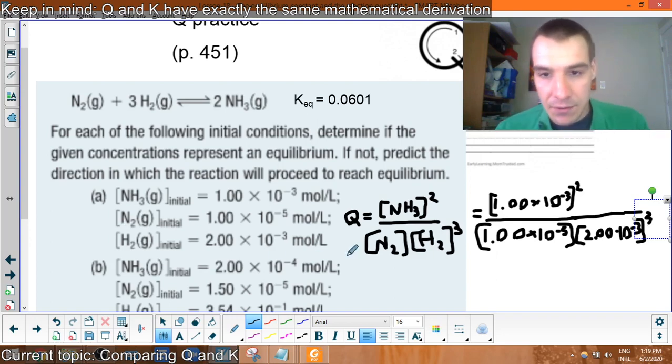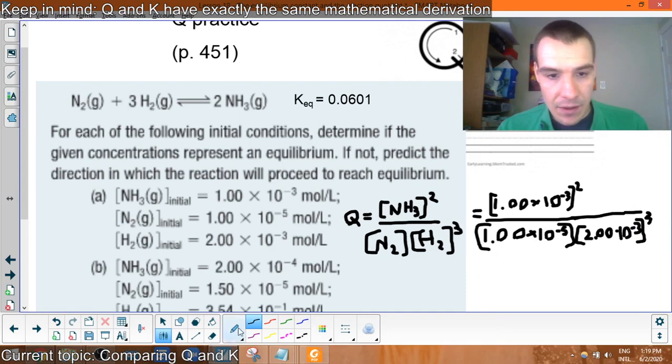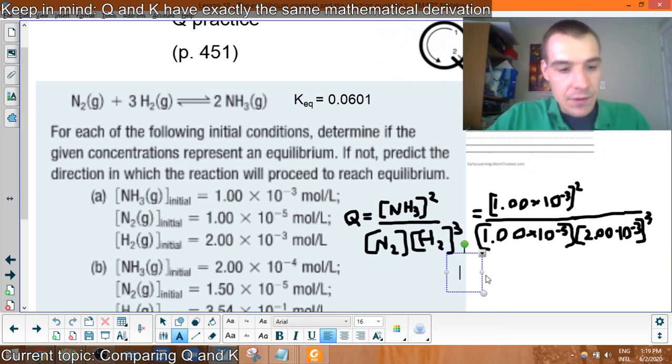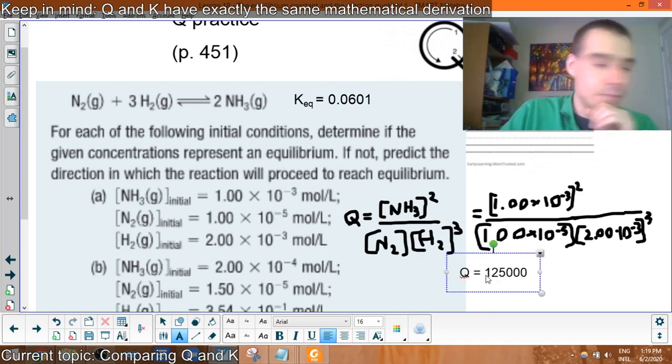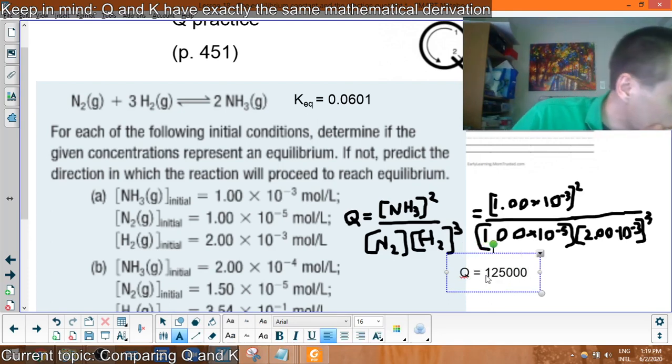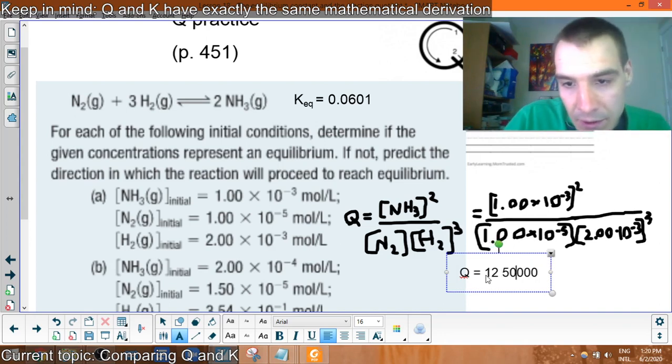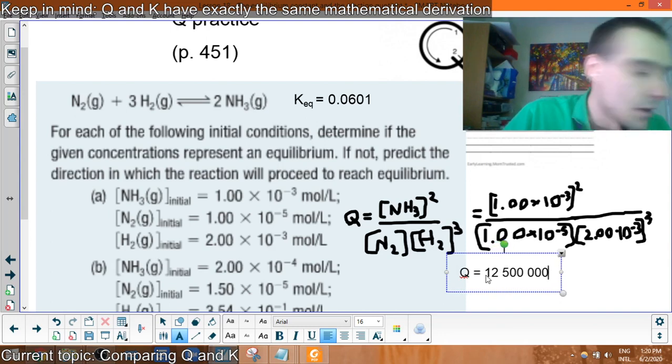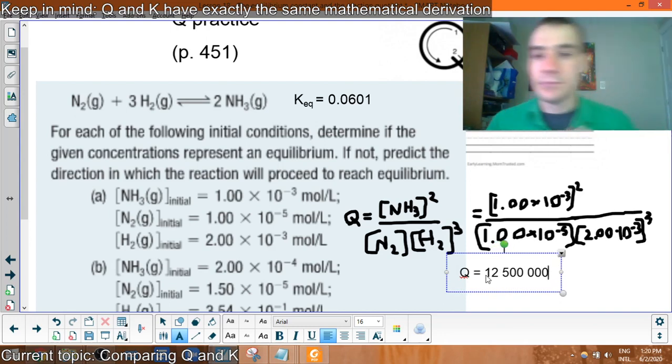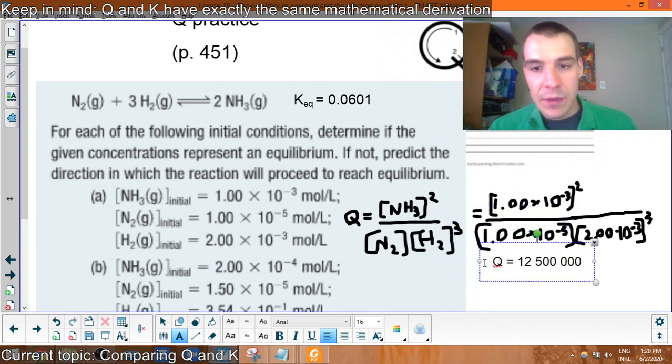And I get, for the first one here, Q is equal to 125,000. Not even 125,000, it's like 12 million. It's 12,500,000. That's a lot. It's a big Q, right? Big Q. So Q is very, very big.